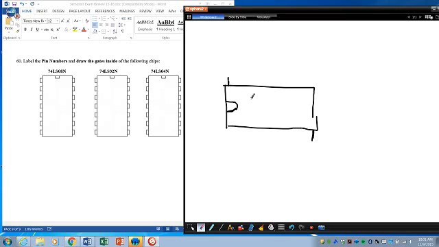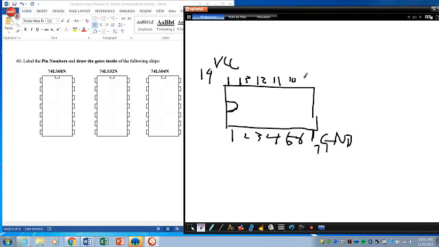This is where the ground goes, and this is your VCC. VCC is always number 14, and ground is number 7. The rest of them are 1, 2, 3, 4, 5, 6, 7, and then 13, 12, 11, 10, 9, 8. Once again, I have 14 legs.